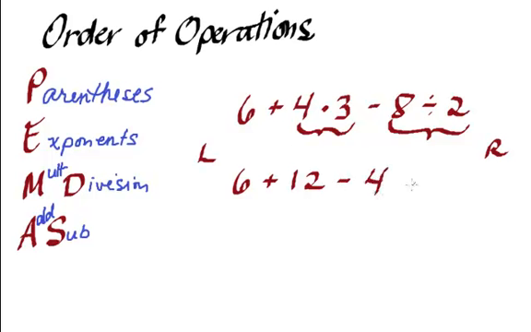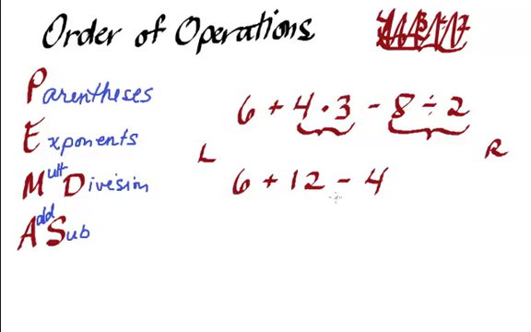Now in this problem, I guess it really didn't matter which order we did them in because they're separated by a subtraction sign. But if you had a problem that looked like this, 4 times 3 divided by 2, well, you would have to do this multiplication first, and then whatever that product is, divide that by 2. Okay, so that's where it is very important that you go in order from left to right.